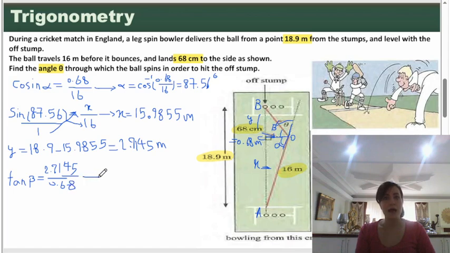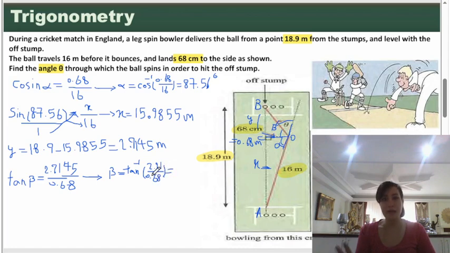Okay, I take inverse tangent, so beta equals the inverse tangent of 2.91 over 0.68.